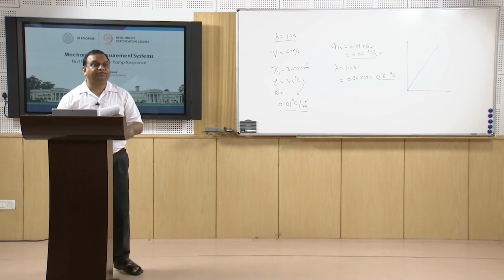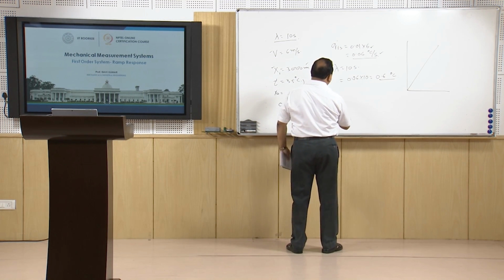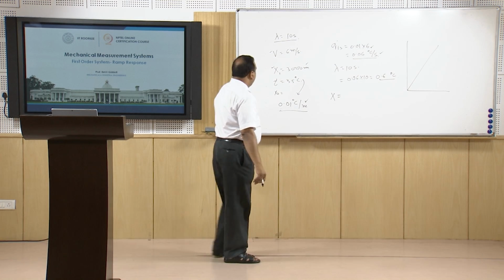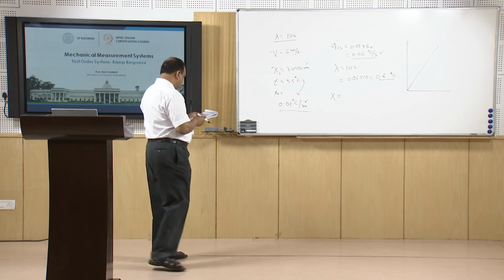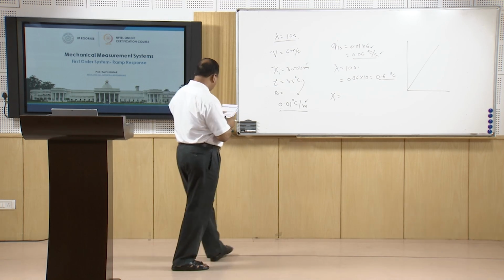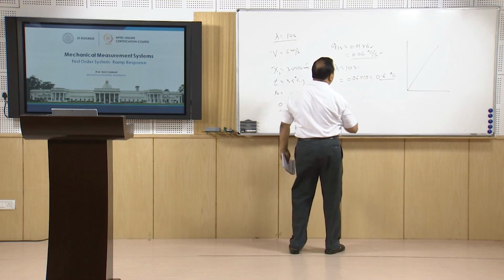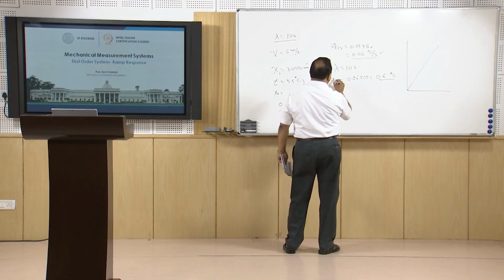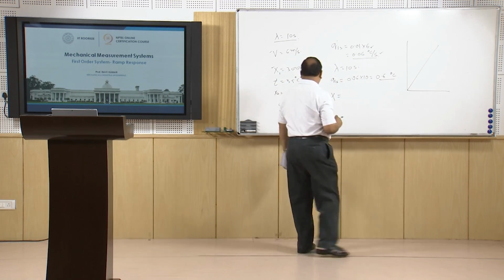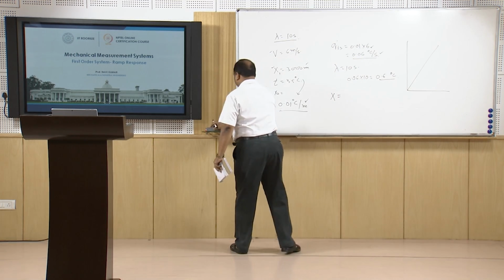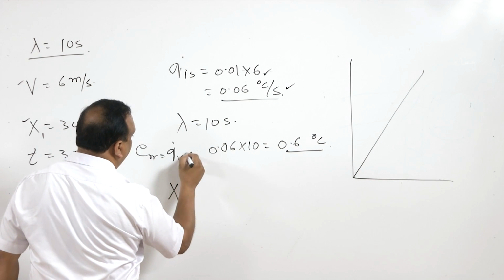Now, once we have this steady state error, we can simply find the value of x. So error in measurement is equal to QIS into lambda.